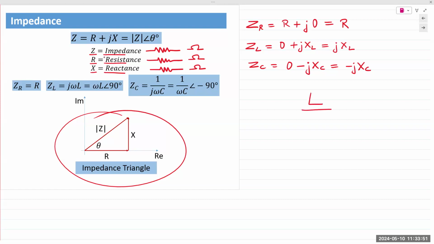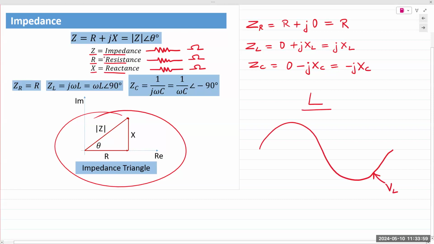If this waveform is, let's say, the voltage of the inductor VL, then the current for the inductor is here, and it is lagging, or behind, the voltage for that inductor.